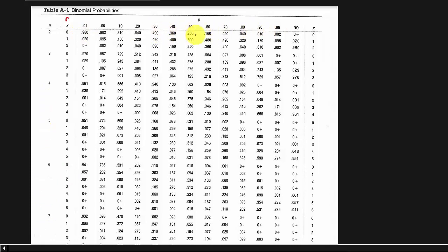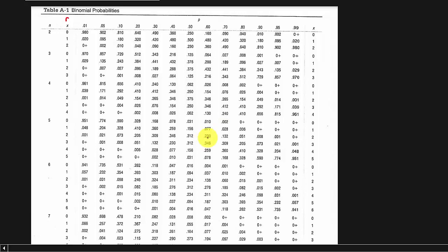There's not a 0.53, so the table's not going to do you any good. And if n is 18 and they want to know the probability that r is greater than or equal to 10, do you want to punch that into the formula where r is 10 or 11 or 12 or 13 or 14 or 15 or 16 or 17 or 18? You don't want to put that in the formula either, but you're not going to be able to use the table. So what's your other option?